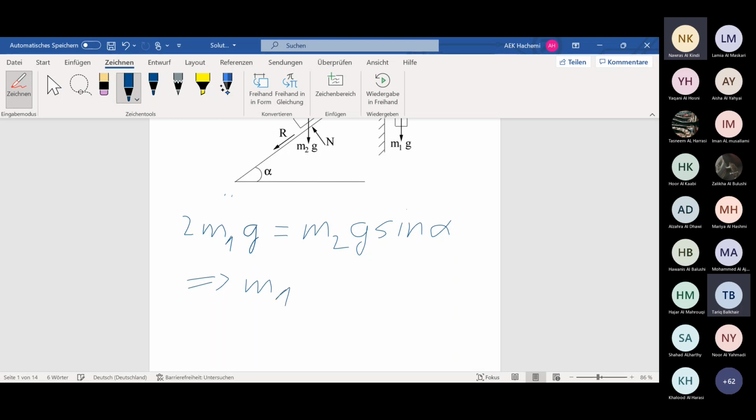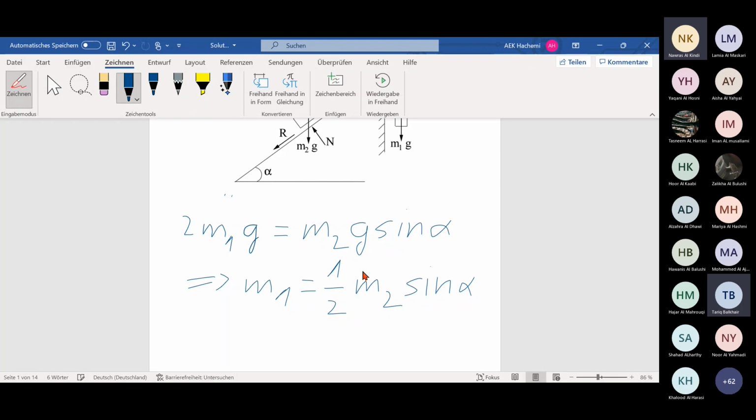In the static case, here we have m1 is the half of m2 sine alpha. This is what we get when we simplify, to get M1 as a function of M2. Then we have this expression here.